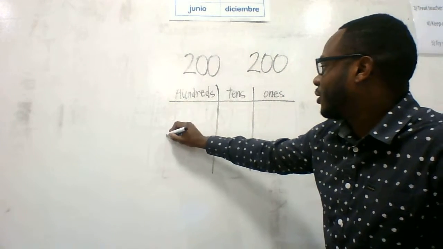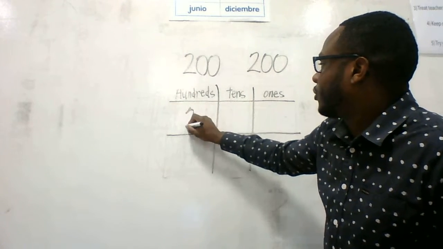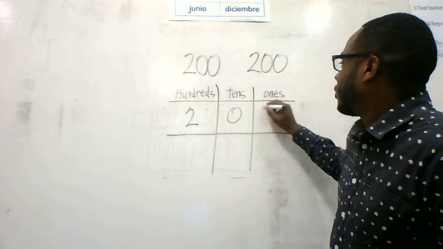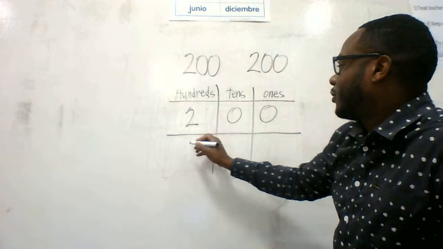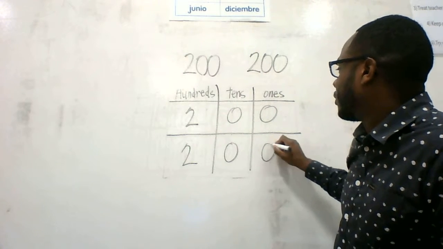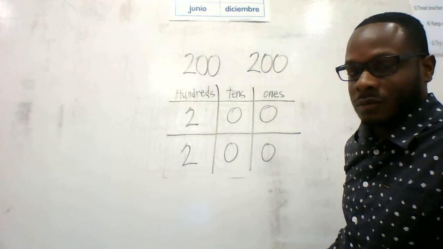In your hundreds section, you start by putting 2, tens, 0, and ones, 0. You put your first number in, and you have 200. The second number is also 2, 0, 0. So which number is greater, which number is less?